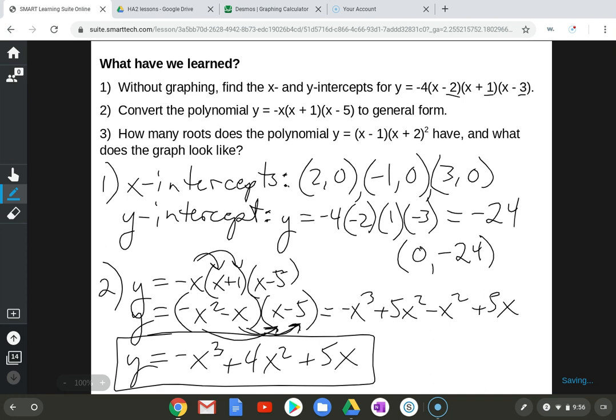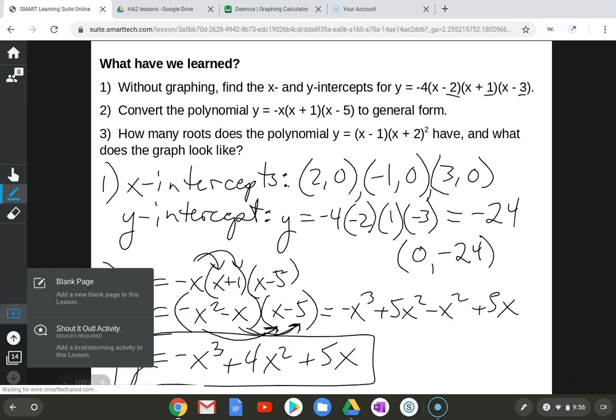The very last one, I'm going to make a new page. So y equals x minus 1 times x plus 2 squared. The first question is, how many roots does this have?